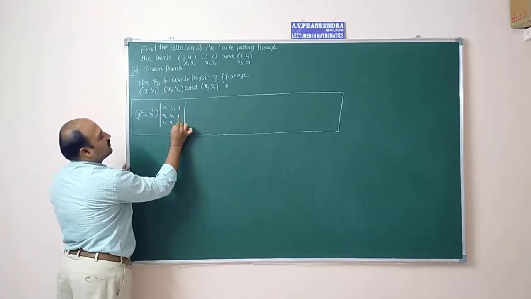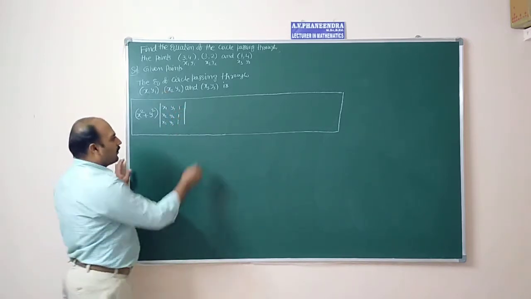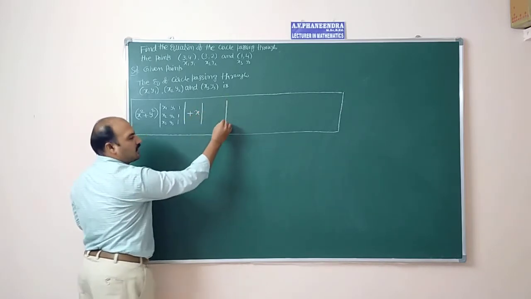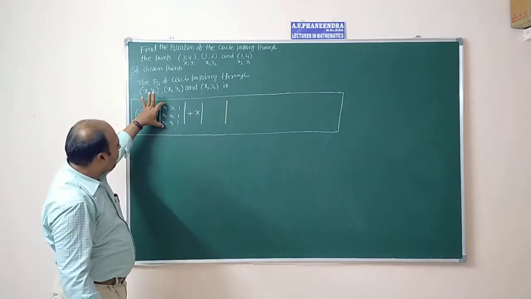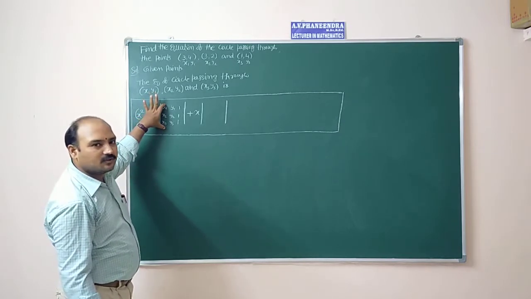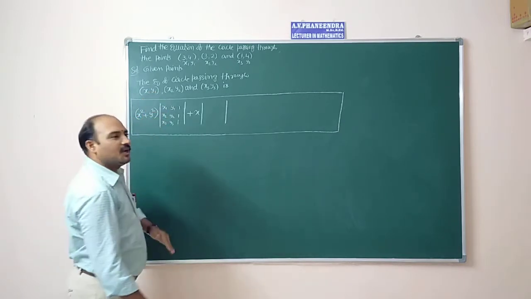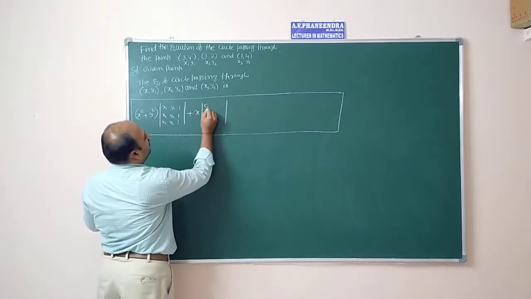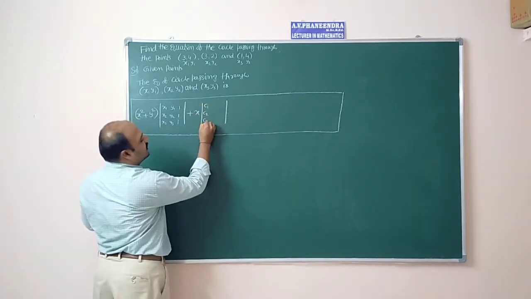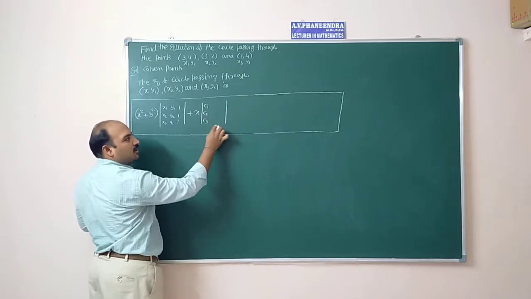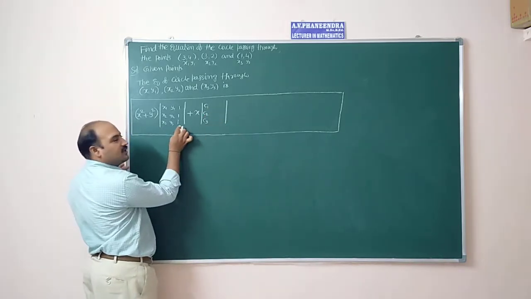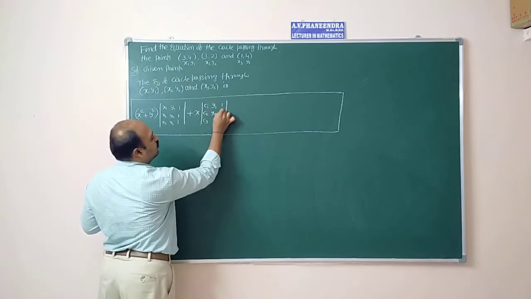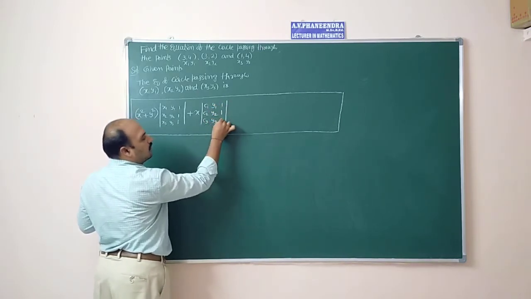The last column is replaced with ones, plus x into again a 3 by 3 determinant. The first column is replaced with C1, C2, C3. The second and third columns will be as usual from here: y1, 1, y2, 1, y3, 1.